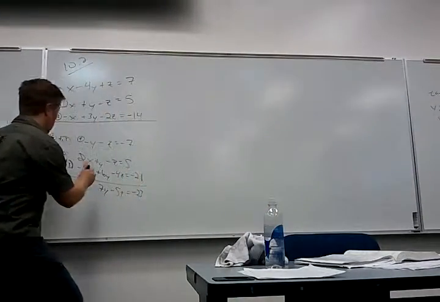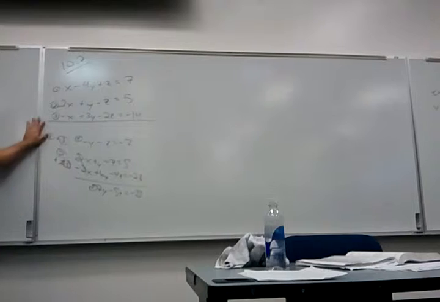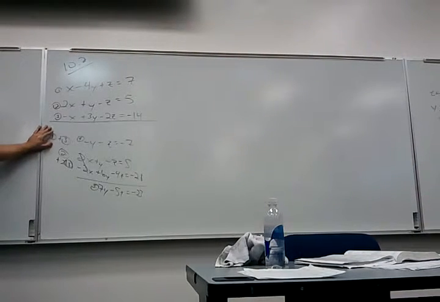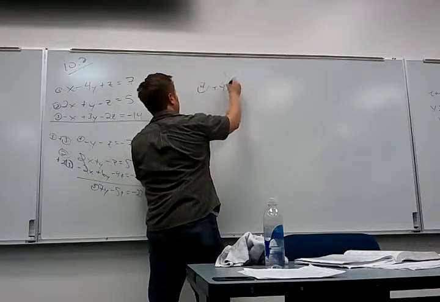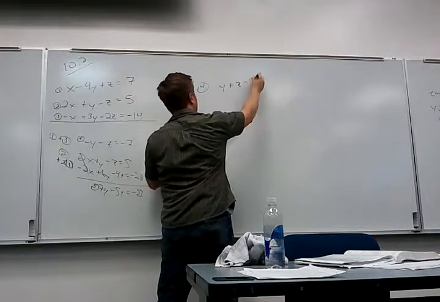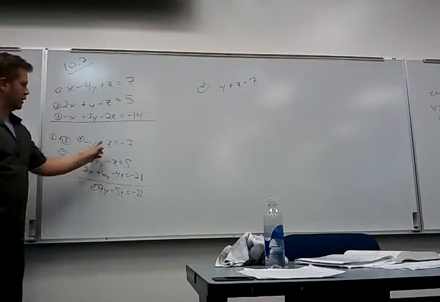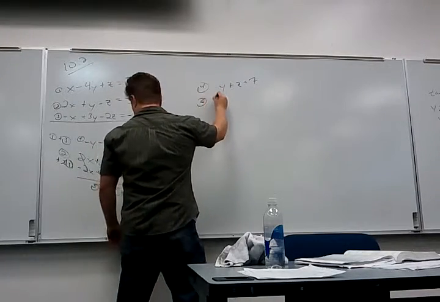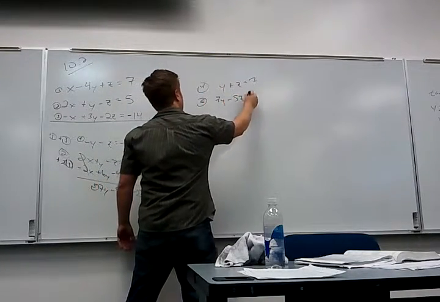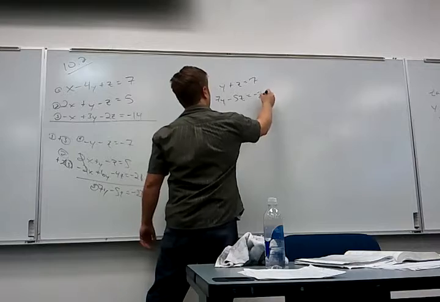So I would call this equation number 5, amazingly enough. You could call it equation 13 out here, as long as it's some new equation. So equation 4 is y plus z equals 7. Is that cool? Just kill the negatives all the way through. And equation 5 is 7y minus 5z equals negative 23.